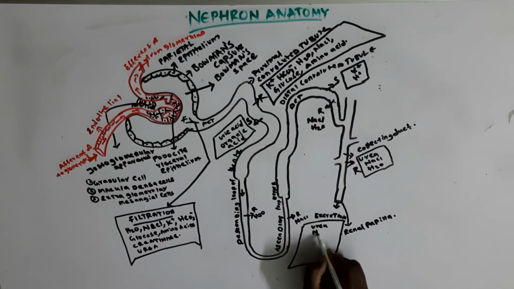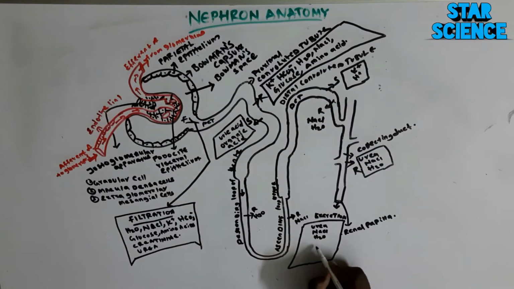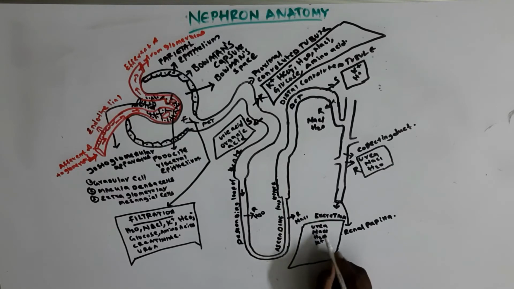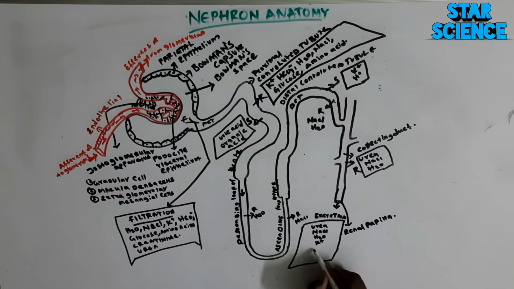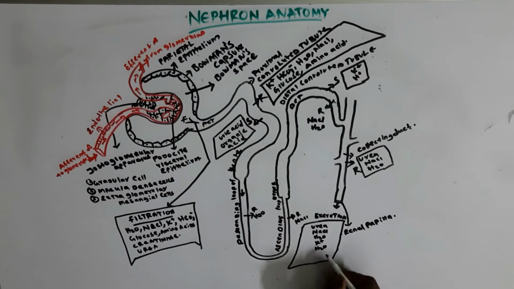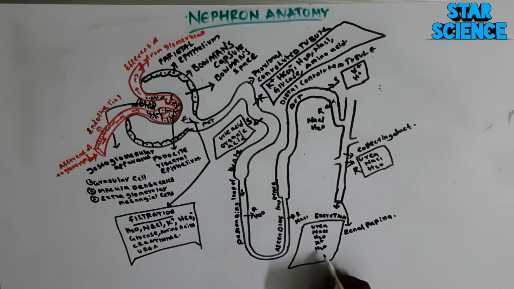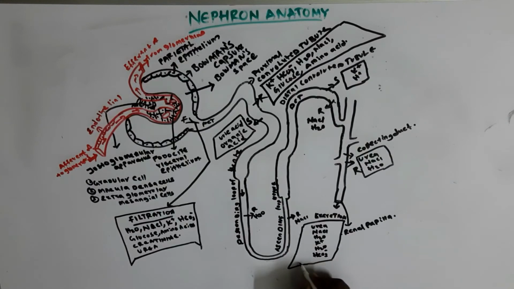So now you are coming to excretion. The contents are urea, sodium chloride, water and potassium, creatinine and urea. And you have to remember these are the contents which are released in the renal papillae. So this content is called urine.